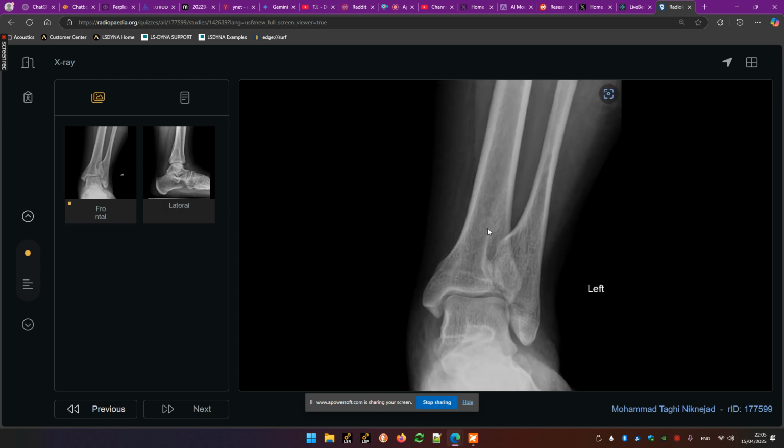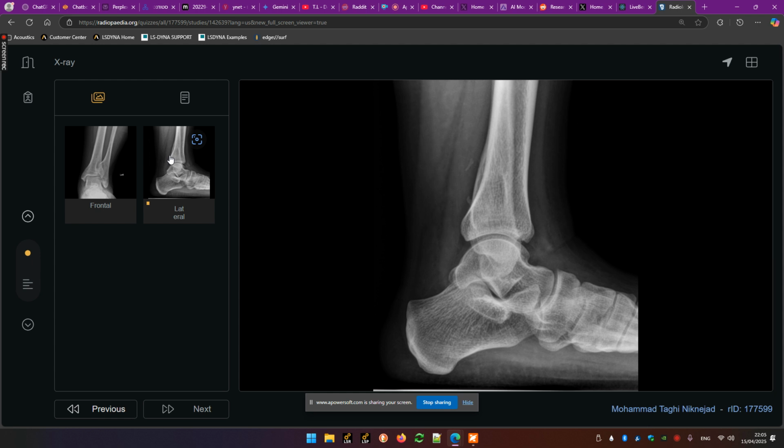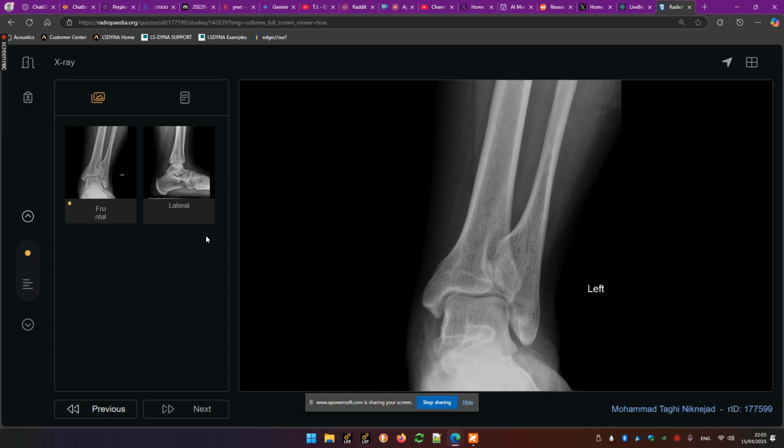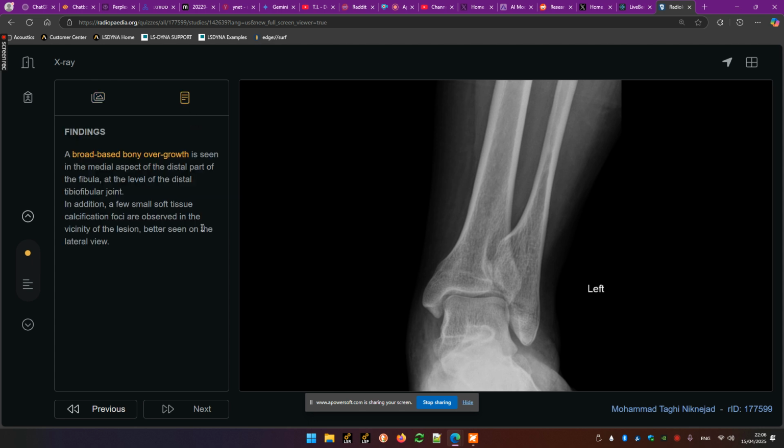I don't see any tumor, any periosteal reaction, no lesions, no fractures. The bones look quite fine. Okay, what we're seeing, a broad-based bony overgrowth.